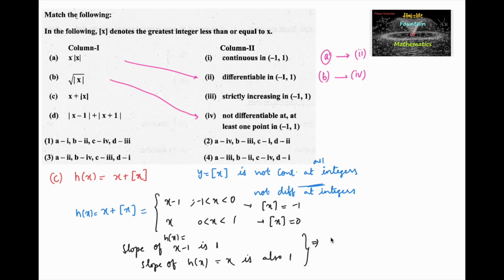So therefore we can say that h is increasing in both the intervals, that is we can say -1 to 1. So increasing function. So strictly increasing also we can say. So we can go with option 3.